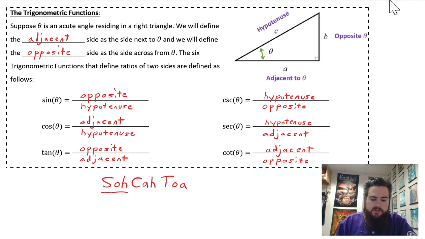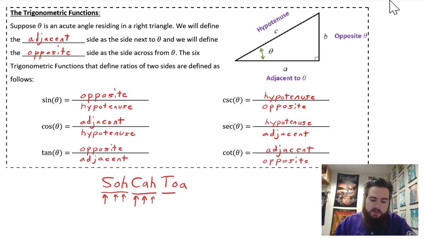For example, the first syllable of this word, SOH, means that sine, the capital letter there, sine is the ratio of opposite over hypotenuse. The second syllable, CAH, means cosine is adjacent over hypotenuse.